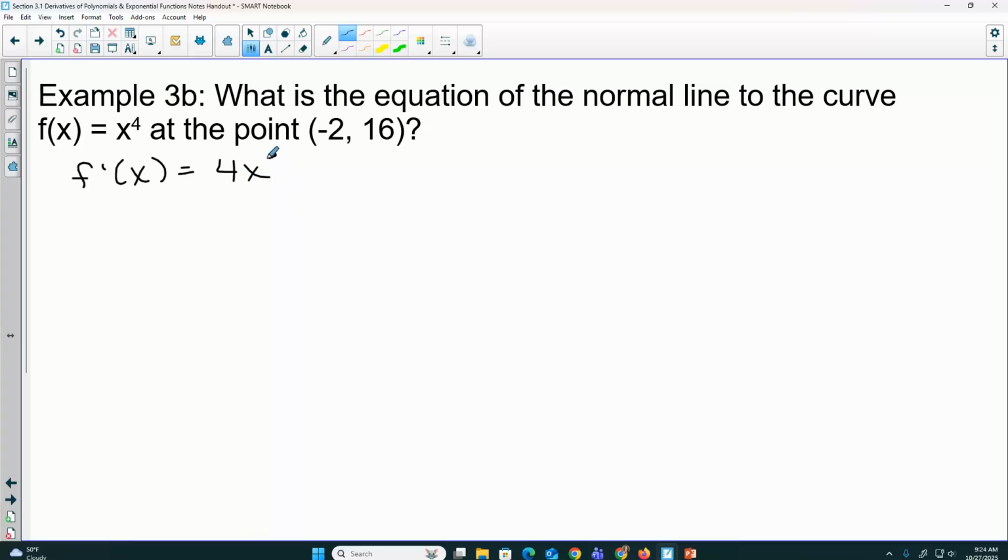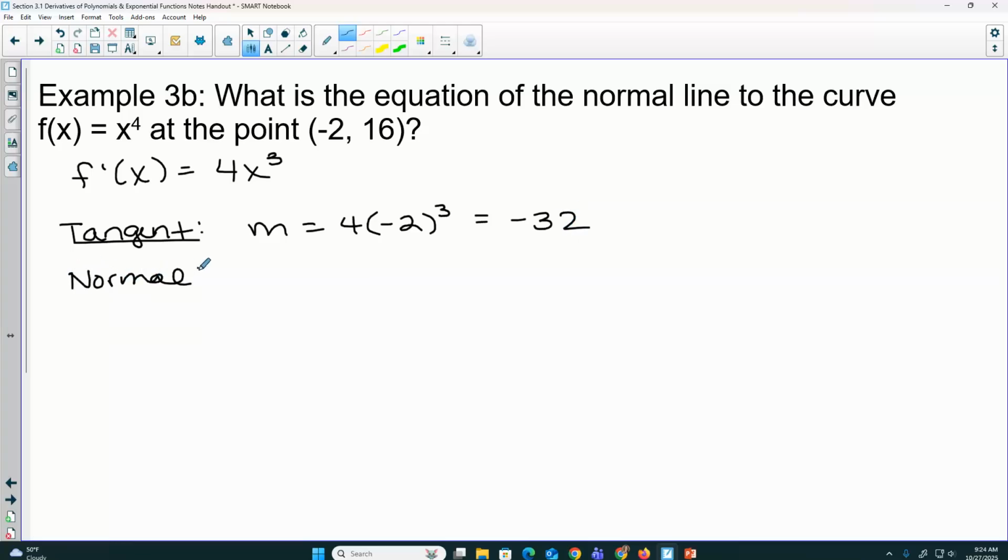So our derivative is 4x cubed. So for the tangent line, your slope, what am I plugging in for x? So -2 cubed is -8 times 4 is -32. But I want the equation of the normal line. So what would be the slope for my normal line? Right, you flip it and change the sign, so positive 1/32.